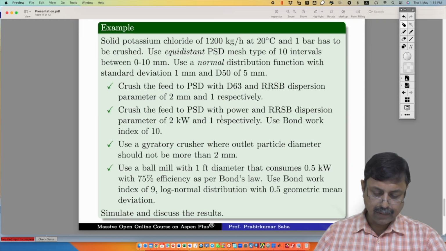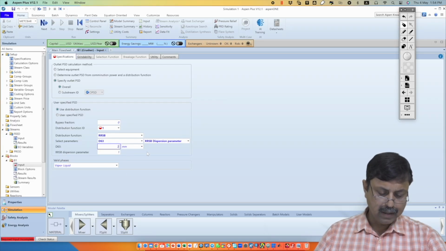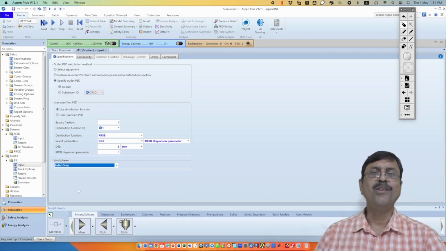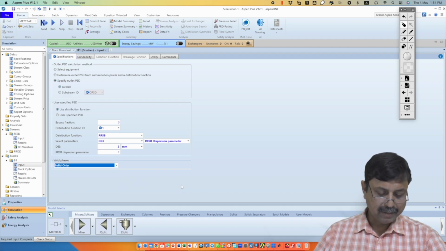So RRSB is 2 millimeter, right? 2 millimeter and 1. So it is 2 millimeter and it is 1. And do not forget to give solid only. It's very, very important. Okay.